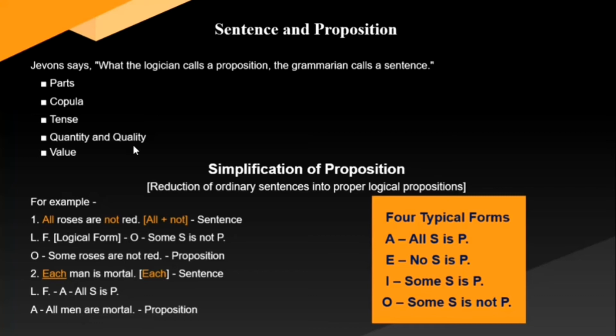According to quantity, propositions are of two kinds: universal proposition and particular proposition. According to quality, propositions are of two kinds: affirmative proposition and negative proposition. According to both quantity and quality, propositions are of four kinds: universal affirmative proposition, universal negative proposition, particular affirmative proposition, and particular negative proposition.